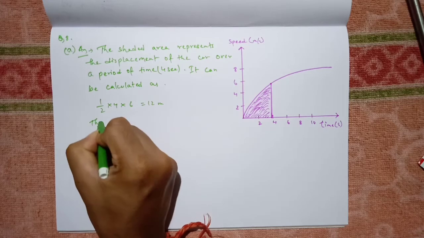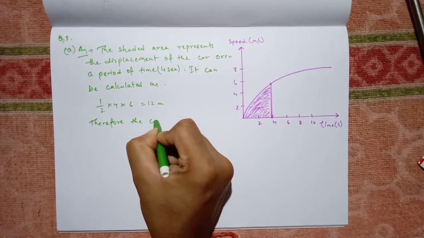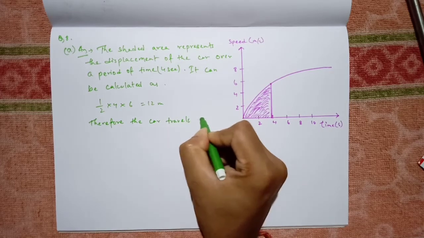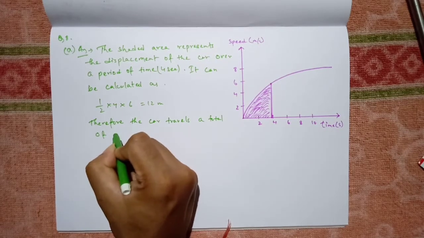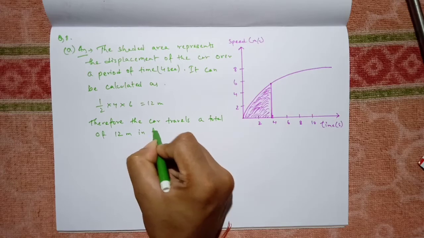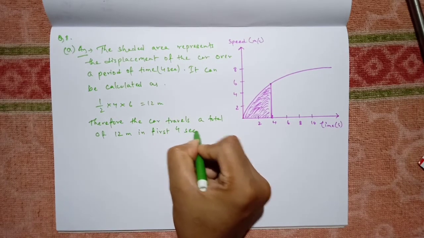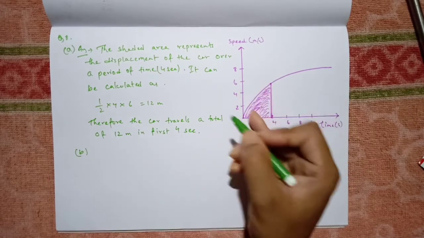So therefore the car travels a total of 12 meter in first 4 seconds. Now I also shaded this area.